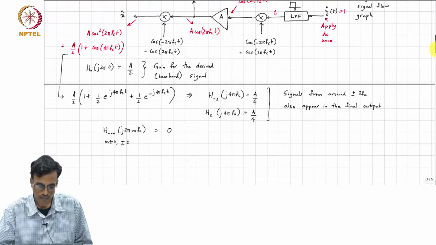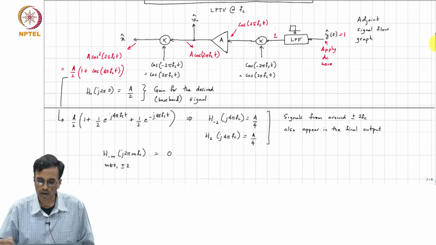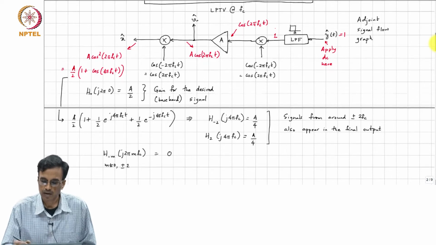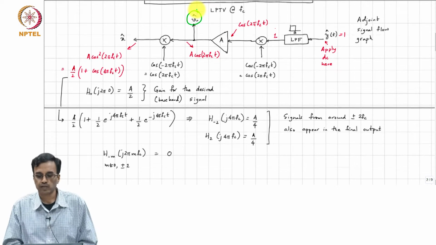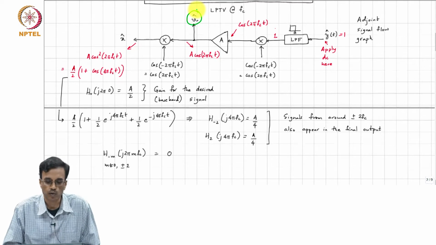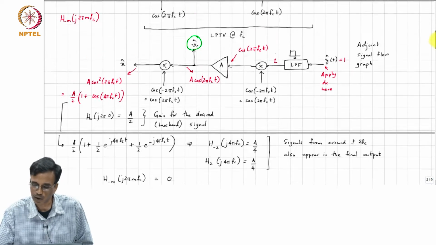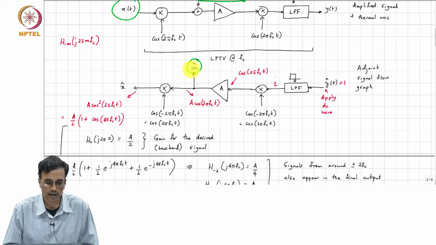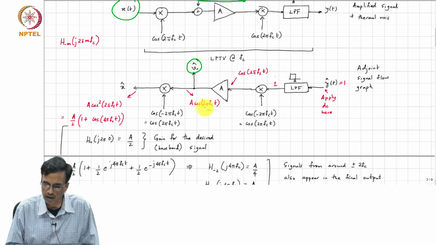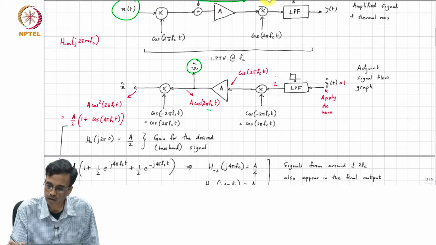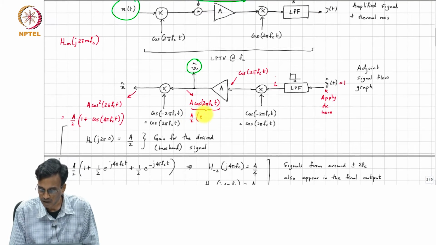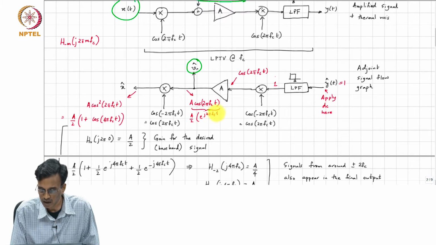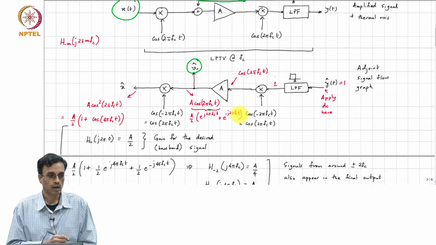Now, what comment can we make about which components of the amplifier's noise will translate to DC at the output? Well, to see that, we just look at the signal appearing at V n hat, and that is A cos 2 pi fc t, which can be expressed as A by 2 times e to the j 2 pi fc t plus e to the minus j 2 pi fc t.